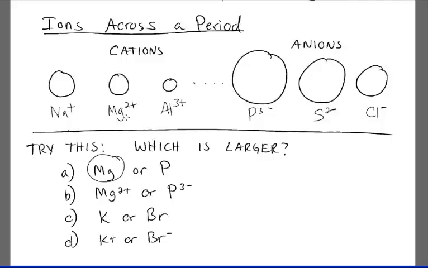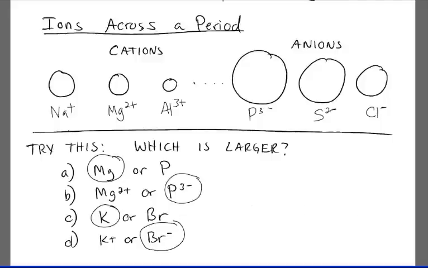But when you compare magnesium 2 plus to phosphorus 3 minus, the anion is much larger. Next, neutral potassium and bromine: going across one row, potassium is larger. But once you make them ions, potassium shrinks and bromine gets larger, enough that it is the largest of the two.